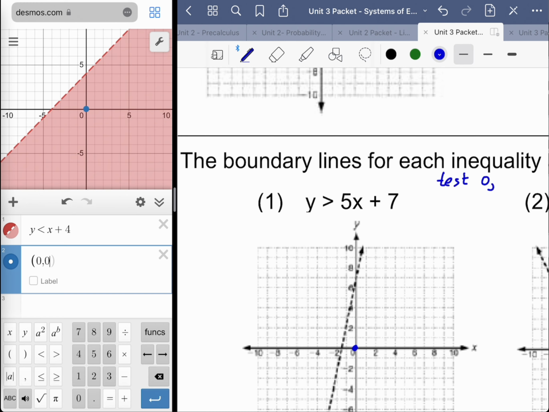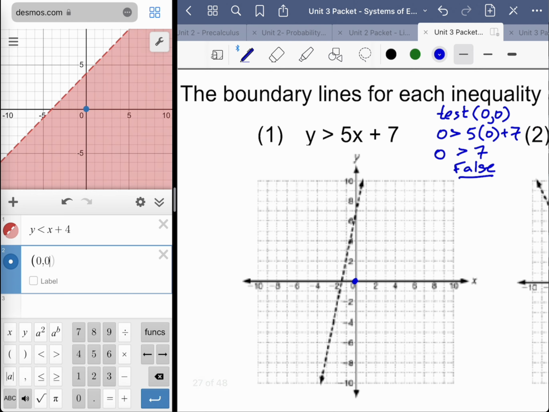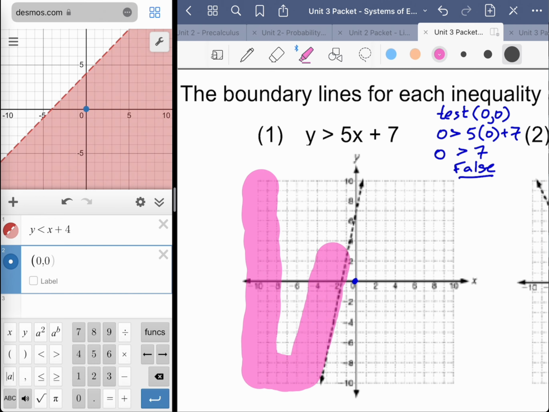So I test 0, 0 in my inequality. 0 greater than 5 times 0 plus 7. Is 0 greater than 7? That's a false sentence. 0 is not greater than 7, which means 0, 0 should not be in my solution area. All right, so that tells me that my solution area should be everywhere on the graph that does not include the 0, 0.